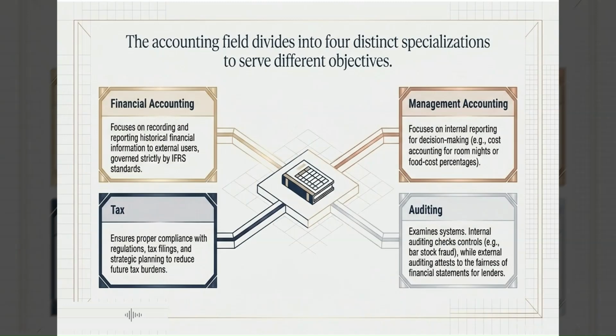Financial accounting reports to external users. Everything about it follows from that one fact. Those outsiders cannot demand extra information, and because they need to compare one business against another, financial accounting is governed by strict rules, International Financial Reporting Standards issued by the International Accounting Standards Board.